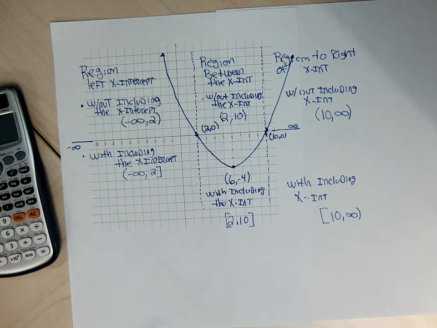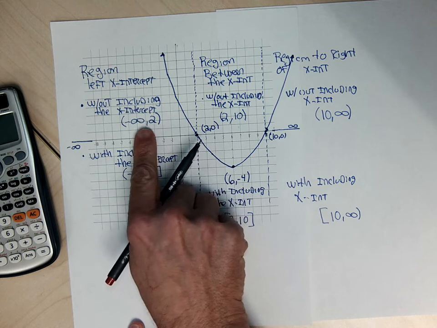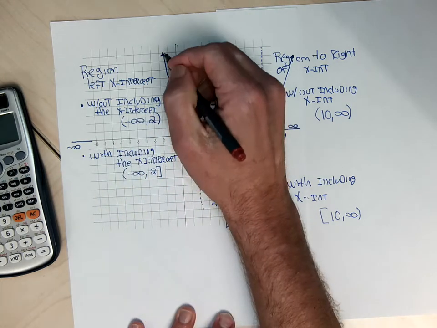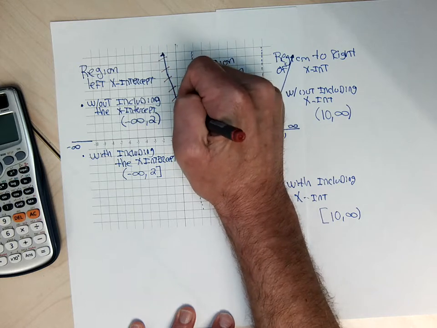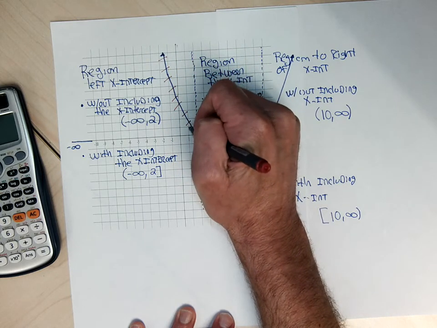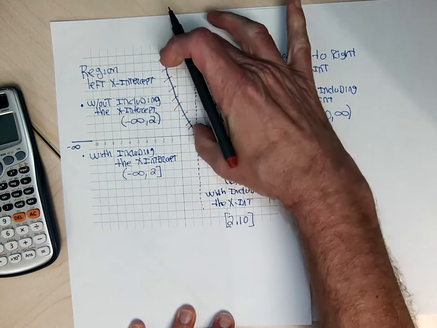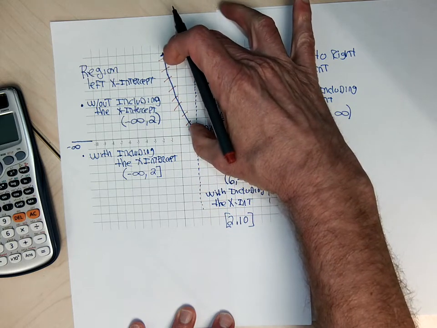And for each of the intervals, I have to say whether the y's are positive, strictly greater than 0, whether they're positive and possibly 0, whether they're negative, and negative and possibly 0. In this first region, the region that's to the left of the x-intercept, but not including the x-intercept, all those points are above the x-axis.